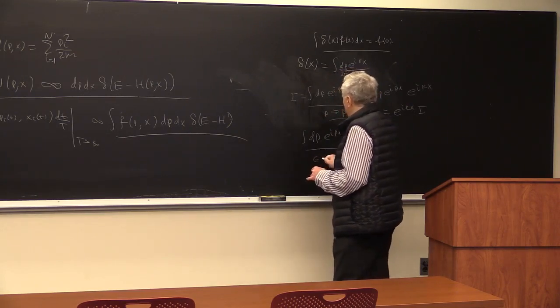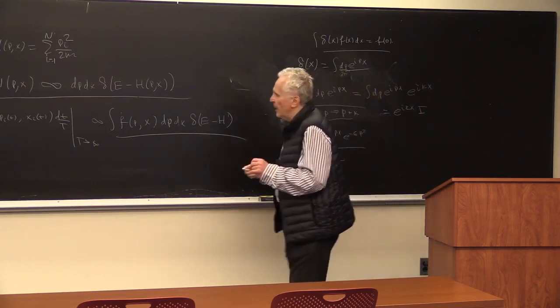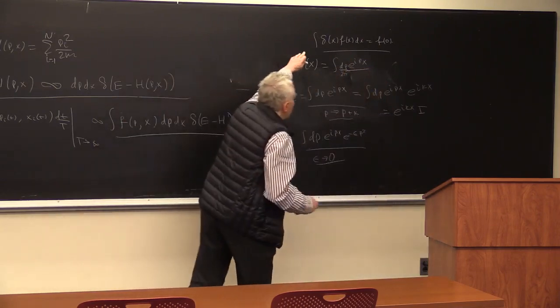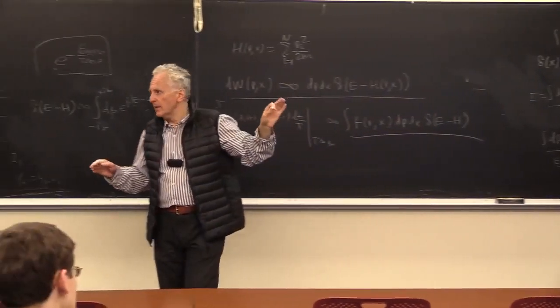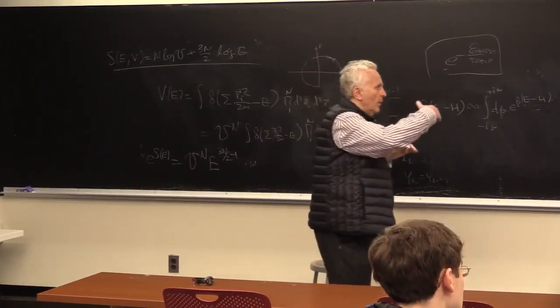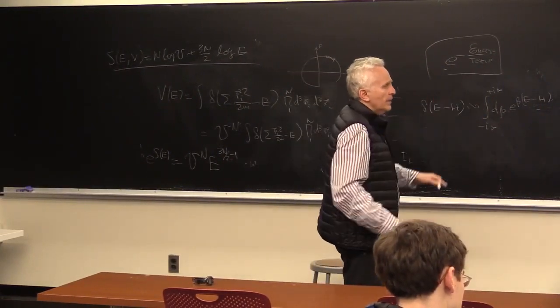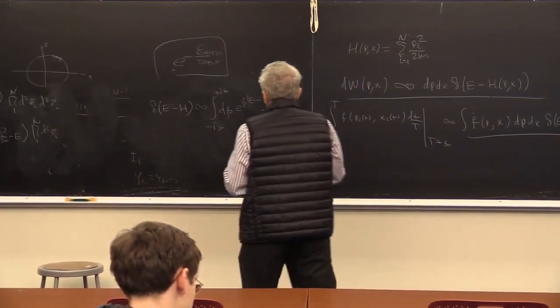Then you integrate a smooth function, take epsilon to 0, and you will obtain this relation. I will not spend any more time on this. If you want to know more, I will be glad to explain it after the class.